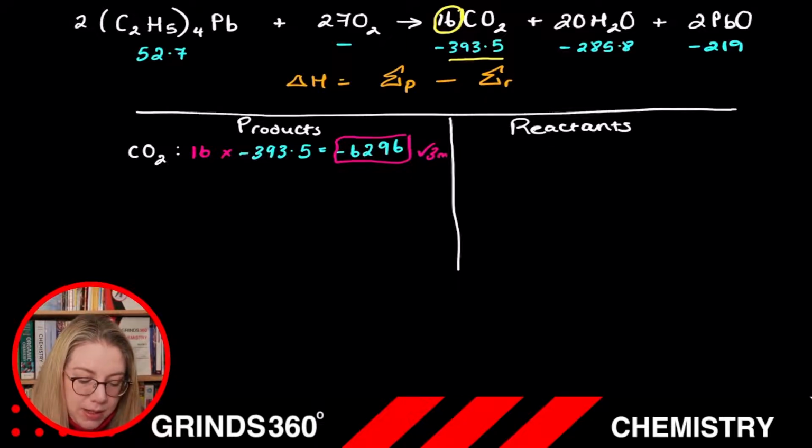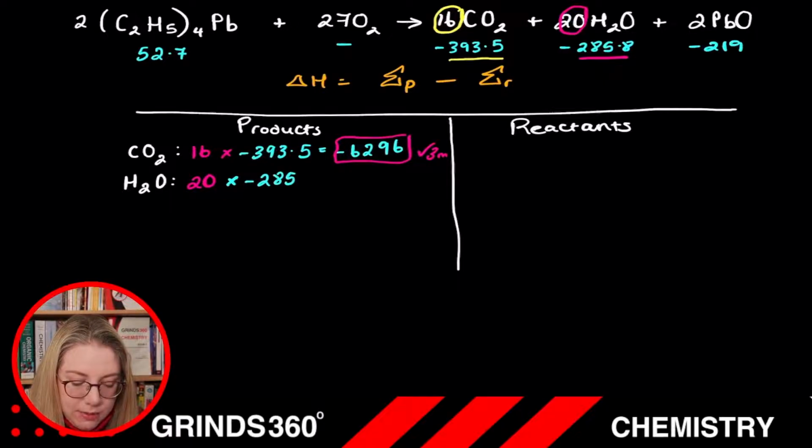My second product is H2O. Now, same as before, we take the number in front of the water, which is 20, and we multiply it by the heat of formation. That's 20 multiplied by minus 285.8. So minus 285.8 multiplied by 20 is minus 5716 kilojoules. That's my next 3 marks.